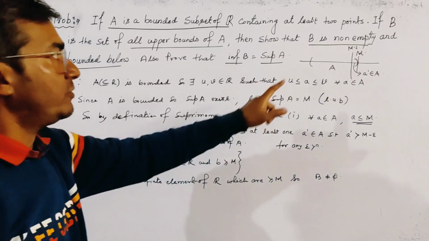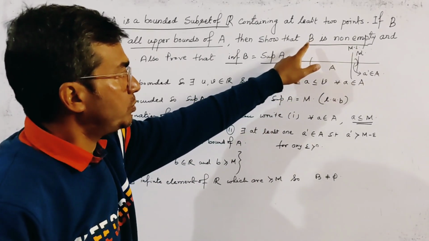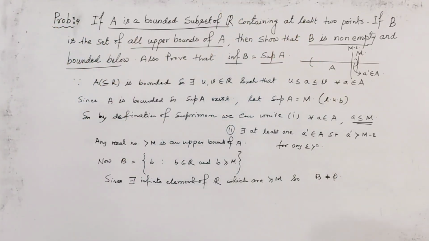So this is the proof of the first case. B is non-empty, right?